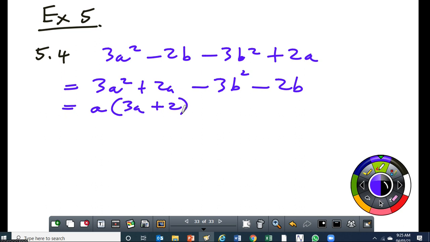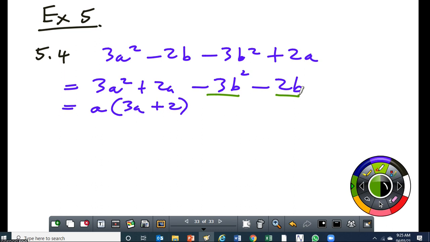Then it means that once I create this 3a plus 2, I need to create another 3a plus 2 then. But it's not going to be possible. Do you see that? Here I've got minus 3b squared and there I have got 2b, which means for me to create 3a plus 2 is not going to be possible.